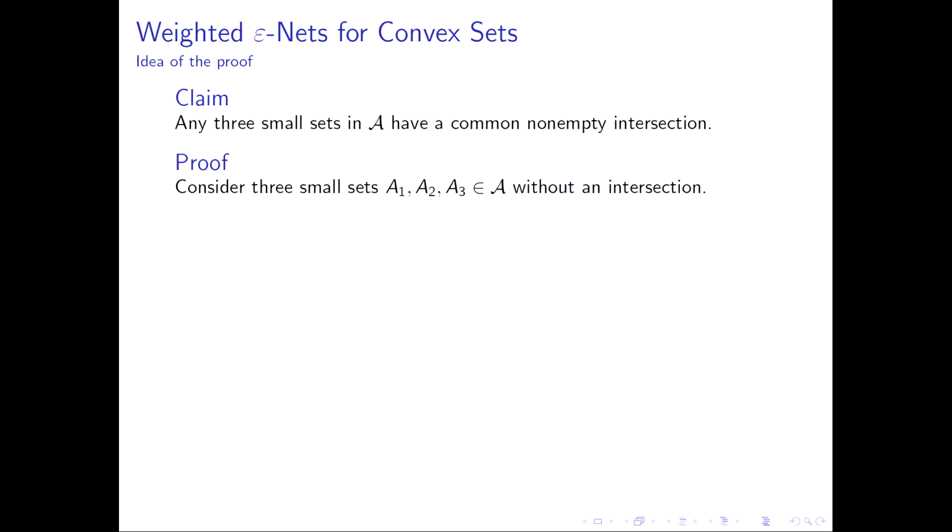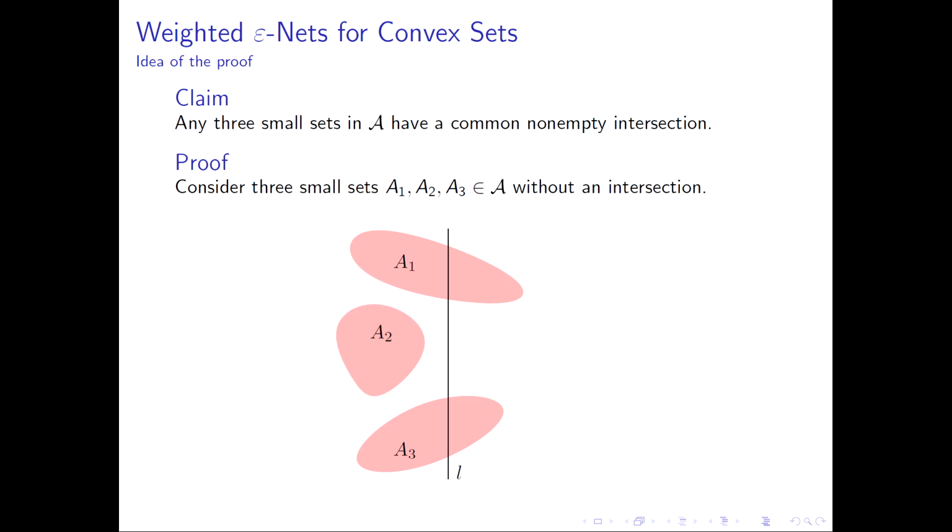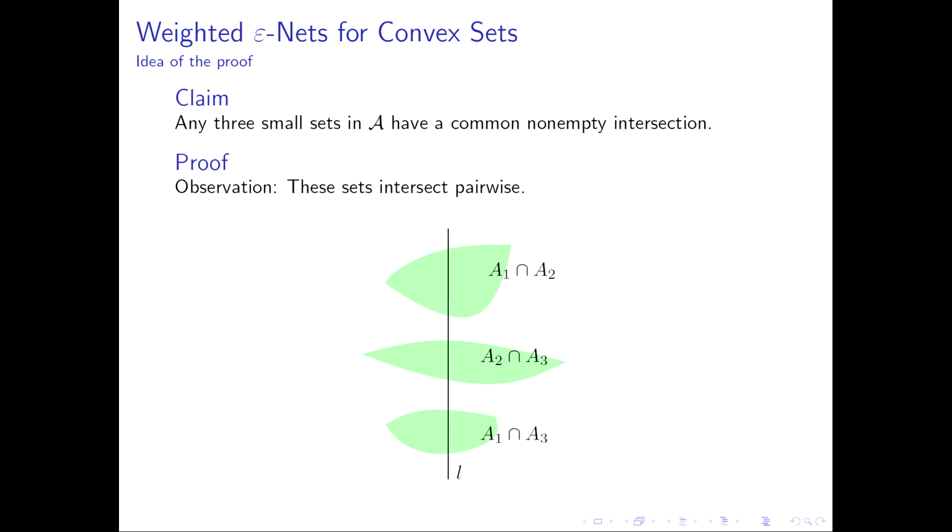Let's assume we are given A1, A2, and A3, and let's assume they don't have a common intersection. However, any 2 of them clearly need to have a common intersection. So let's take a closer look at these intersections.